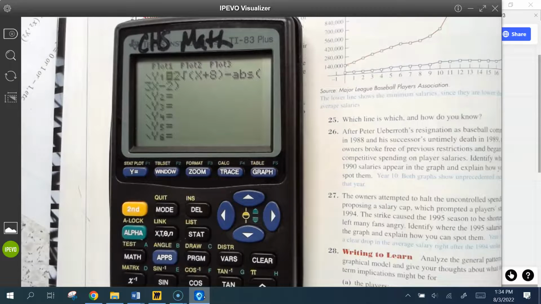It's 2 times the square root of x plus 8 minus the absolute value of 3x minus 3. I just moved everything to one side of that equation and that's what I'm graphing. Yeah. Did I not put it? Noah, did you write your calculator?